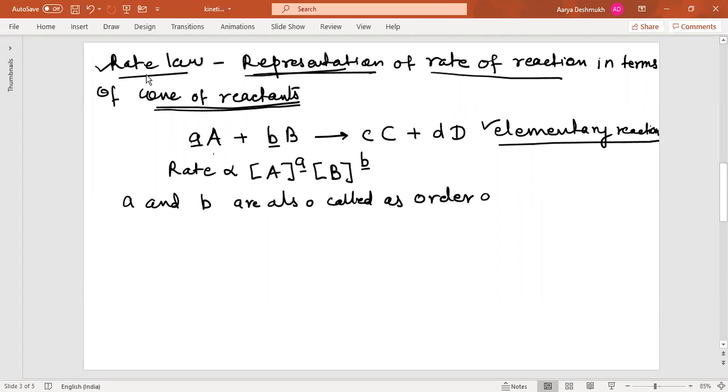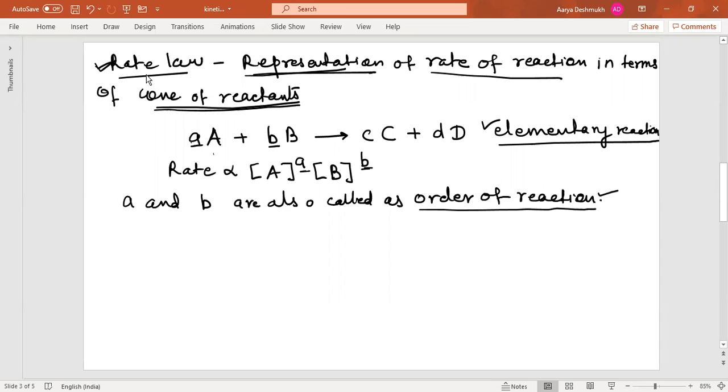Remember. This order of the reaction concept we'll be discussing later on, but initially when you come across this a and b, this is nothing but the order of the reaction. I'll explain this in detail in due course of time. We'll just focus our discussion up to the rate law at this moment.